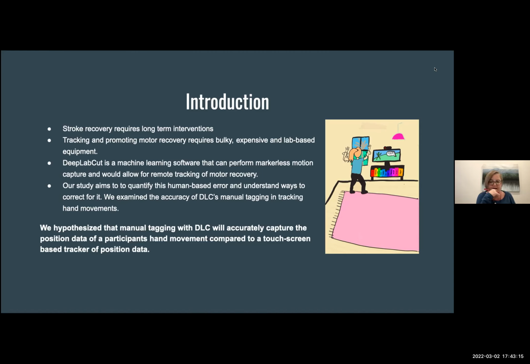So maybe your opening statement could be why stroke recovery is important, why we need these long-term interventions, talk about the software, and then sort of your aim. And then you don't necessarily have to have the hypothesis on the slide per se, but you can just mention it to try and reduce the amount of words on the slide. Yeah, of course. I also noticed that we're missing a period on our first bullet point, so I'll make sure to add that in after.